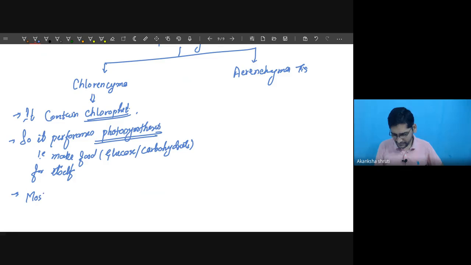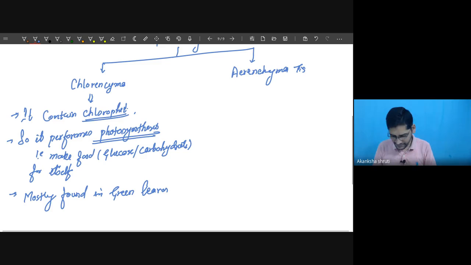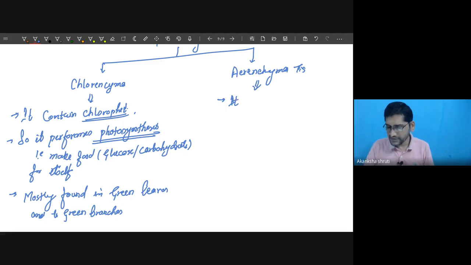In the green area. Mostly green leaves, and wherever there is a green part of the branch or new branches. Older trunks do not have chlorenchyma.